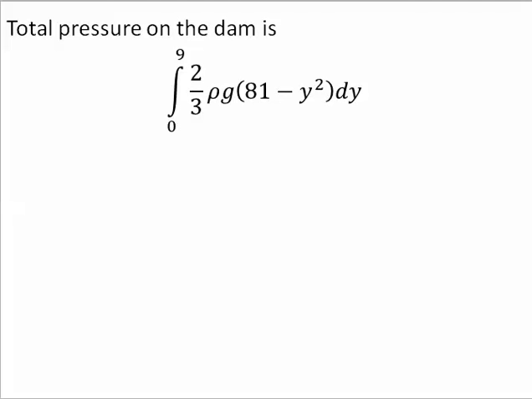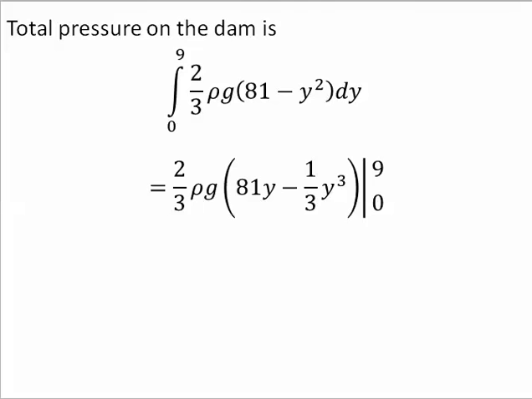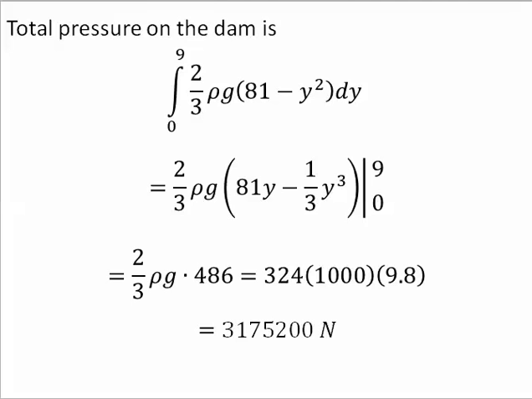Well, we find the antiderivative. That's not too difficult. And then we evaluate the antiderivative at 9 and then subtract the evaluation at 0. And after we do that evaluation, we put in the value for rho and g, and we get our final answer.